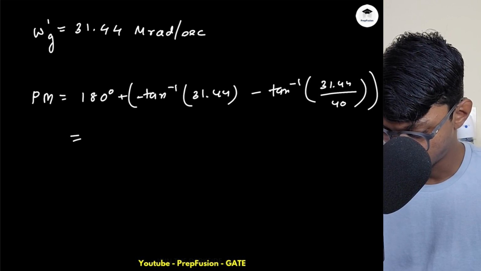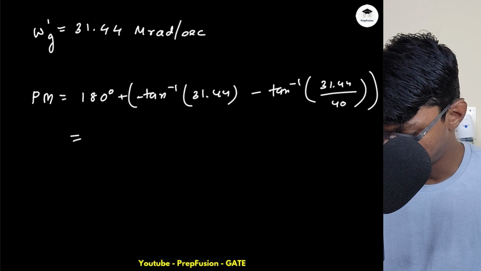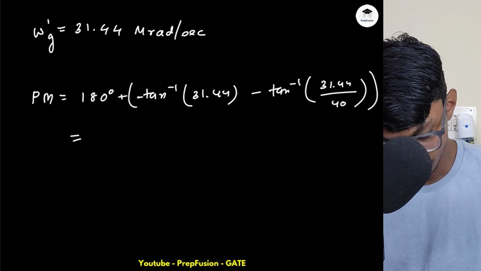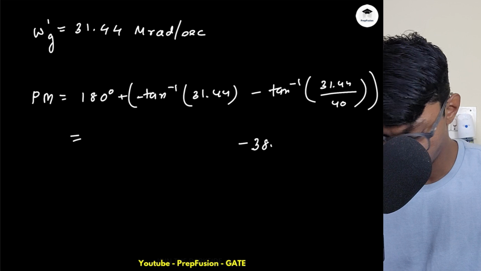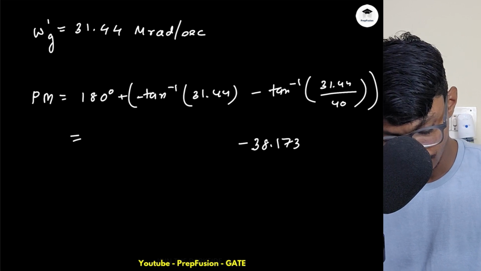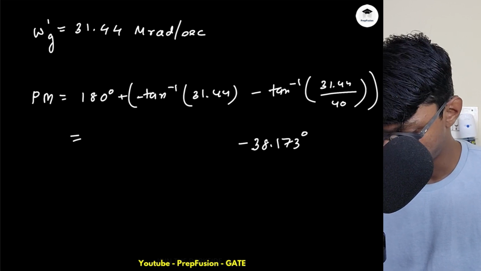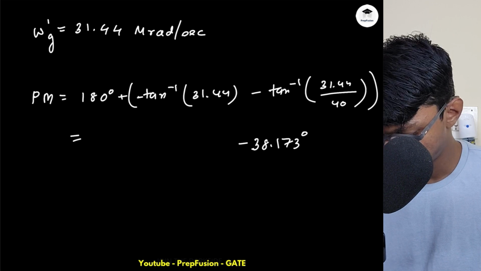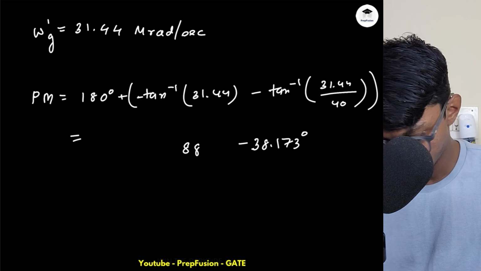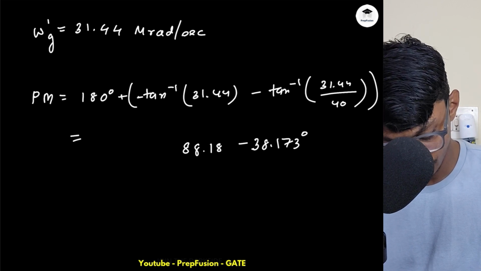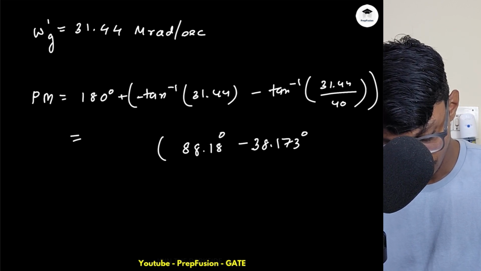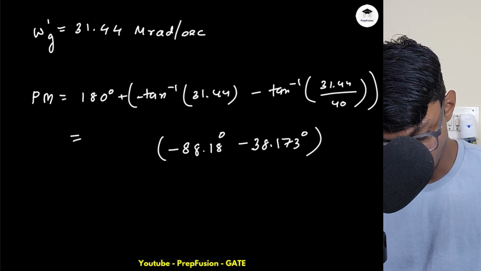So if I divide this by 40 and then take the tan inverse, this will be minus 38.173 degrees, and if I do 31.44 tan inverse, this will be 88.18 degrees.